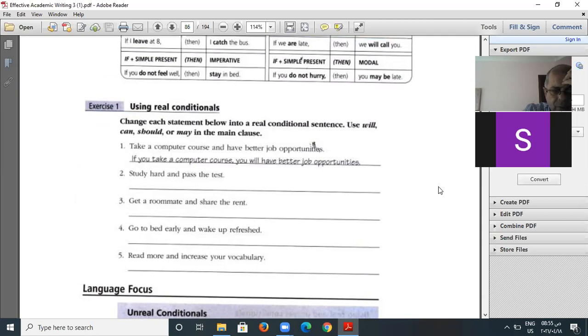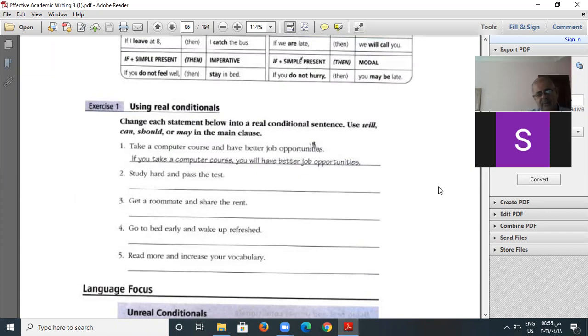You said if you go to bed early, this is the if clause, comma, you will wake up refreshed. But if you use the main clause at the beginning, what do we say? You will wake up refreshed if you go to bed early. Then here there are two ways to make a conditional sentence. We can start the sentence with the if clause. If we start with the if clause, then we should use a comma. If we start with the main clause, no comma is used.